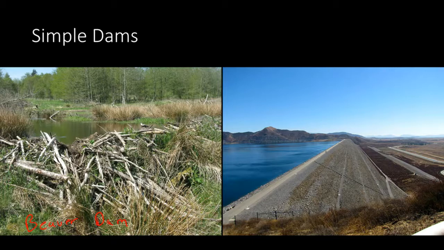So it'll start as a stream. They'll put sticks and mud in the way to make this little pond, and then they'll build their lodge in the pond. And one of the other benefits of the pond is it provides a nice little habitat for fish and things like that. The most similar type of dam we have to that is the earthen dam, or just basically what it is: a barrier of rocks and mud and such to keep a river or possibly a pond or a reservoir isolated.